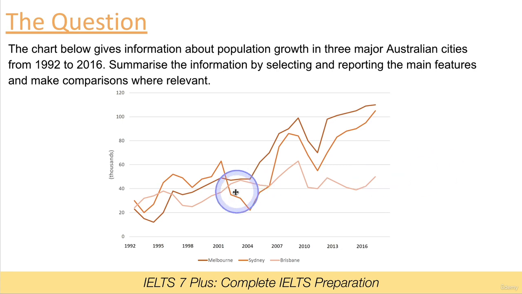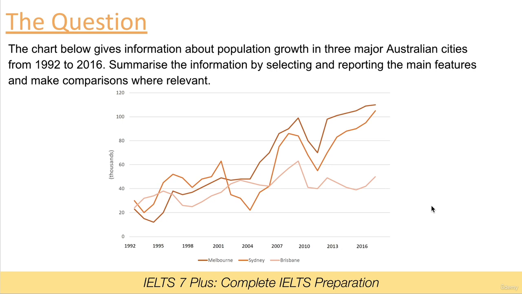Yeah, there was a fall by Sydney in 2004, but then it rose again. So Melbourne, for most of the time, had the most people compared to the other 2 cities.